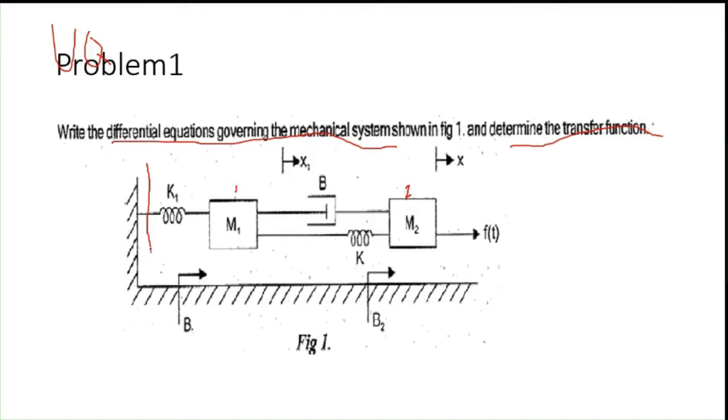Take the first node together with all the connected forces and connected elements. The first node has a mass m1, a connected spring k1, a connected dashpot b, another connected spring k, and another friction b with respect to ground.